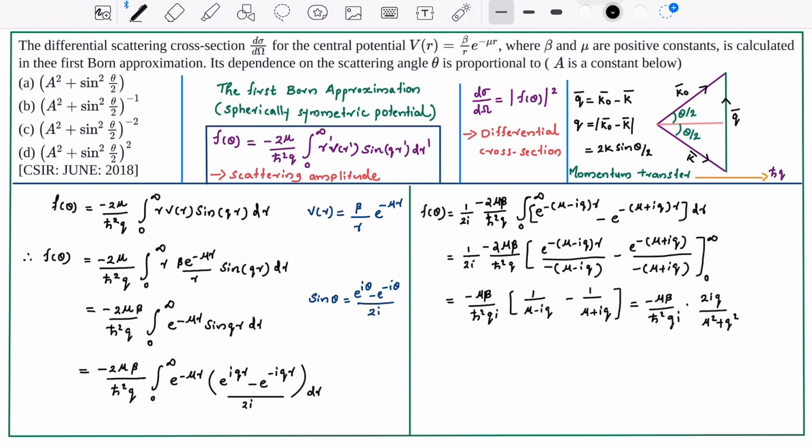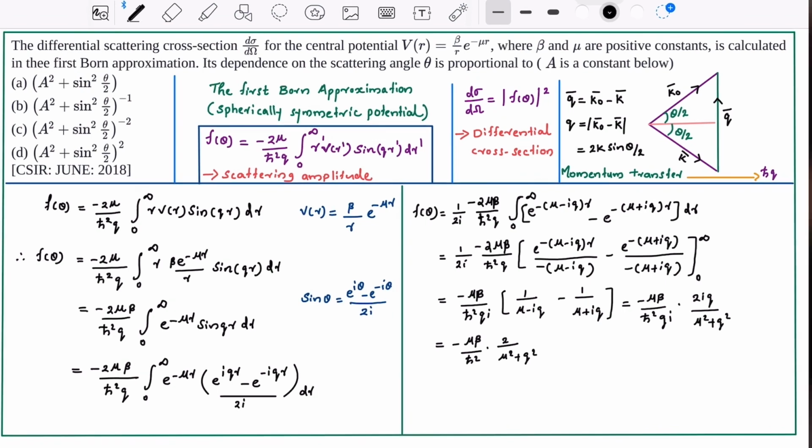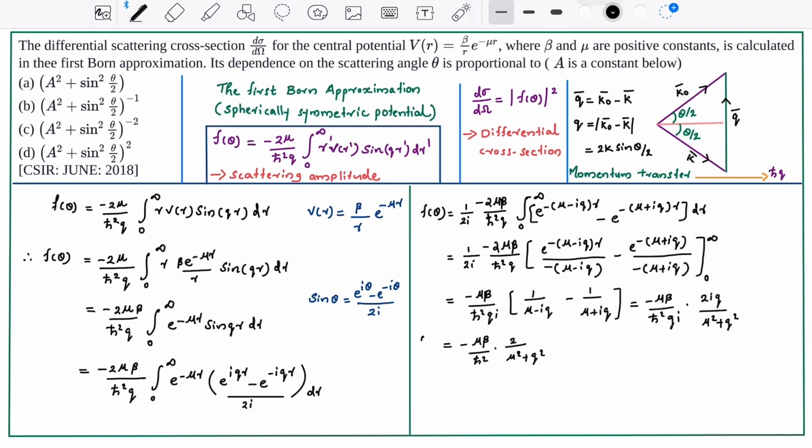Now let us simplify the expression. f(θ) is equal to minus μβ divided by ħ² into 2 by μ² plus q². This is the expression for the scattering amplitude using the first Born approximation for spherically symmetric potential.